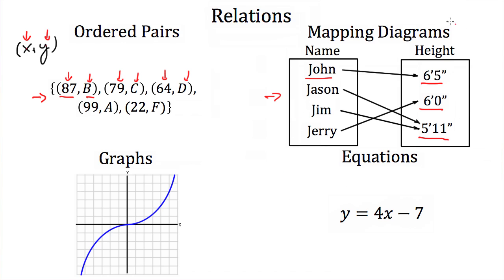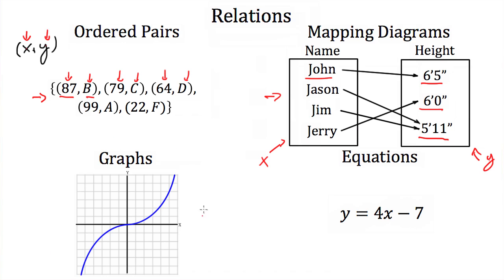We can read this mapping diagram. You can think of this first box as the x variable and the second box as the y variable. And then these arrows point to which y value each x value corresponds with, or who has what height.